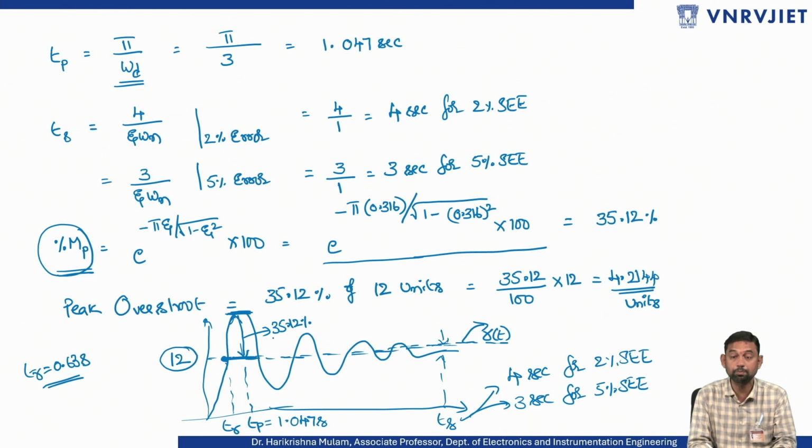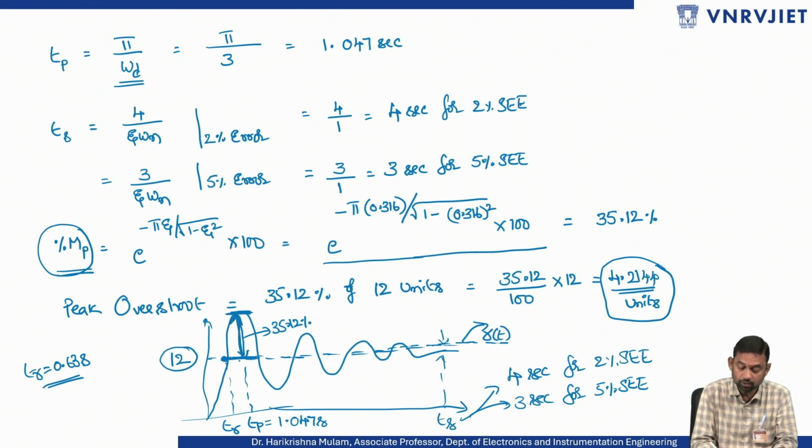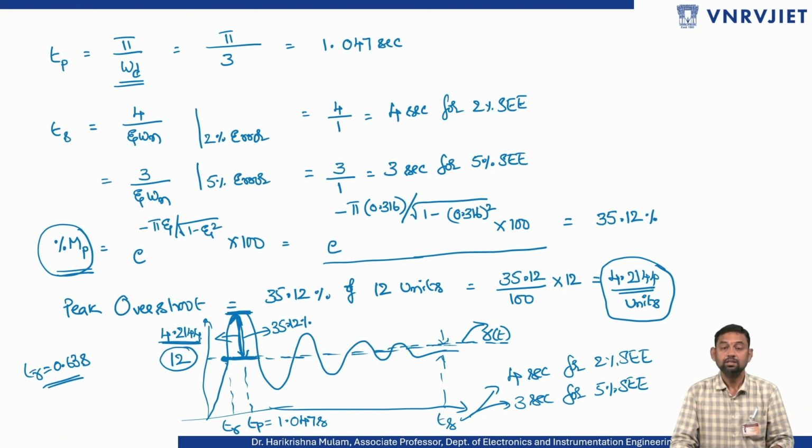But if you find that overshoot, we got it as 4.2144 units. So from here till this peak value, its magnitude is 4.2144 units. So this is about finding the time domain specifications of a given second order system.